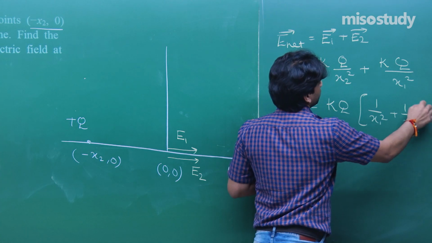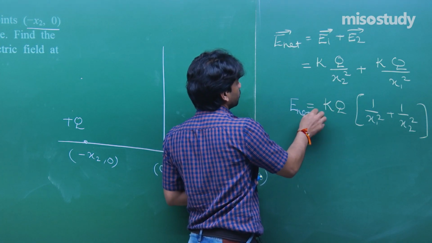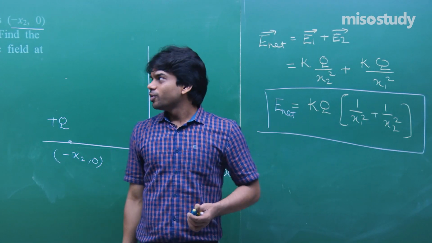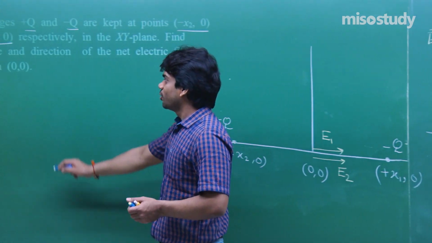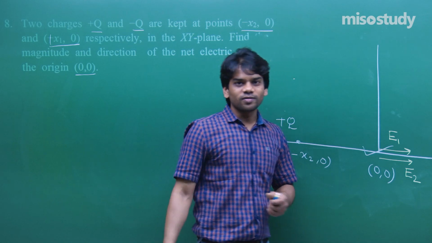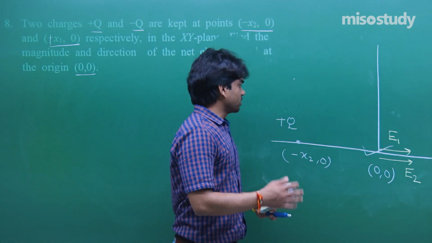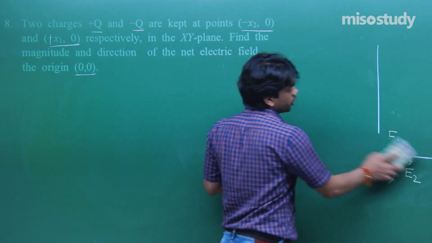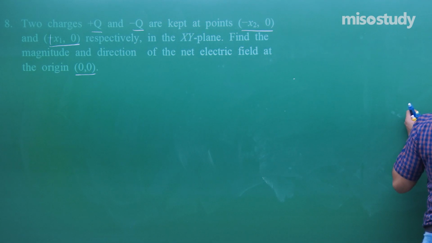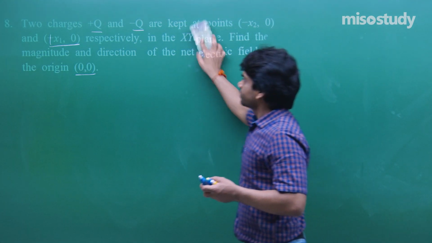This is the resultant value of the electric field magnitude, and direction is again towards the minus Q charge, because we have to evaluate the field at the origin. That's it. So you can simply check and you got the value of net electric field directed along this sense. Easy. And these simple questions, if you know the concepts, you can proceed, you can gain marks quite easily.